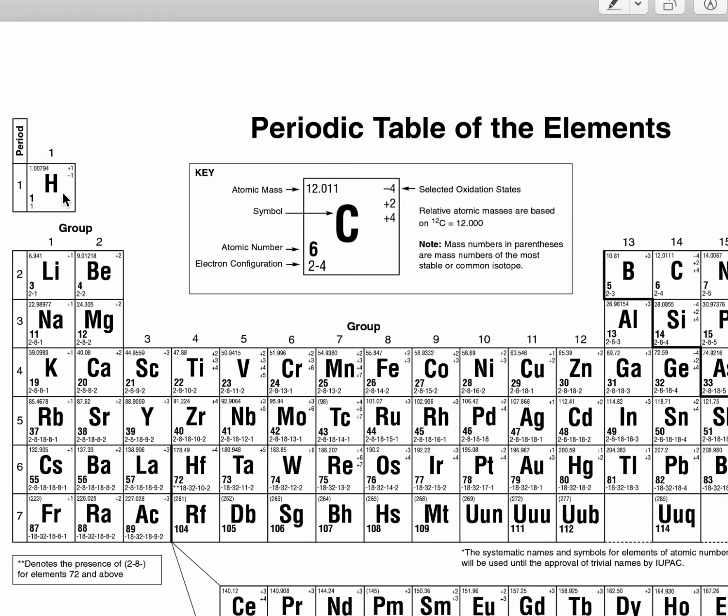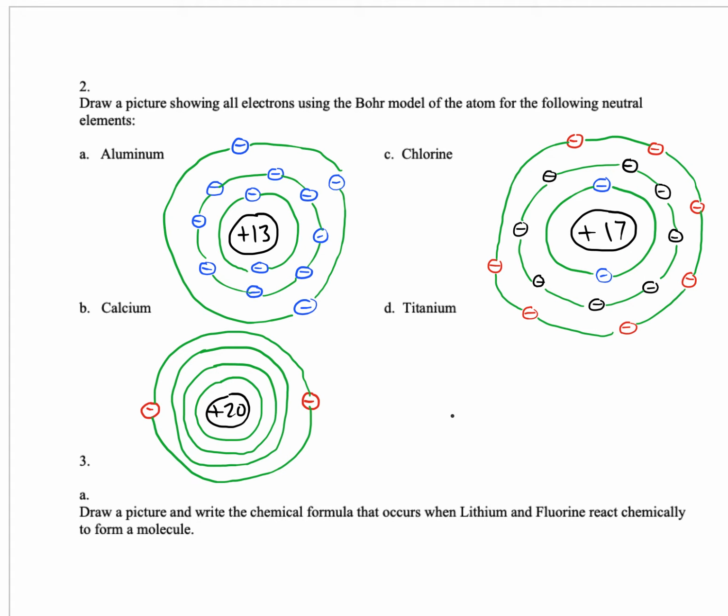We just want to fill the different energy levels, and once they're full, we go to the next energy level. But here it gets more complicated. In a future video, we'll go into exactly how titanium's electrons are placed in the different energy levels. But for now, I'll just draw what the answer would be.